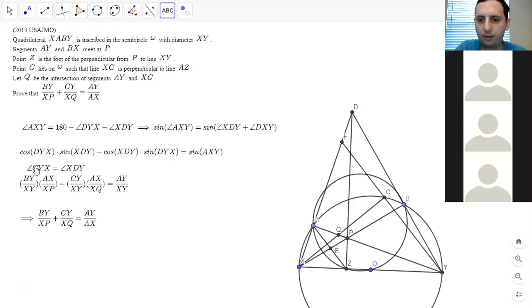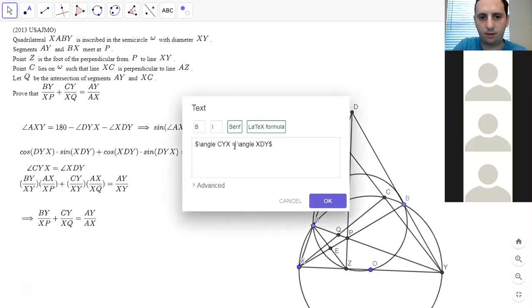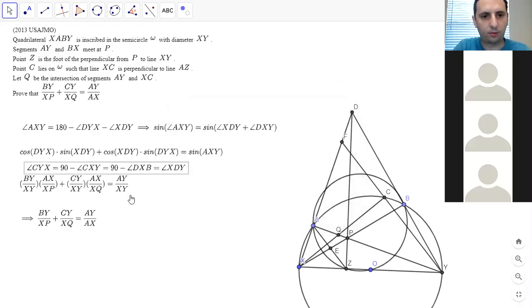So I'll say CYX is 90 minus CXY, which is 90 minus DXB, which is that angle. And so that's how we can get all this.